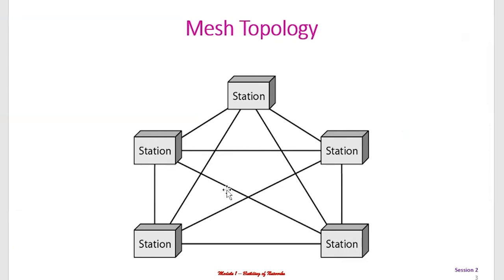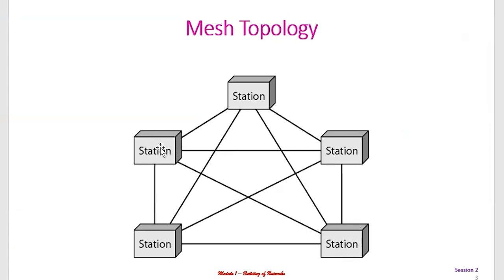There is a link failure. In that case, station 1 should be in a position to communicate the information to station 5. So now it picks up an alternate path. Link is nothing but connecting two devices, but path is providing multiple links to connect the sender to the destination.